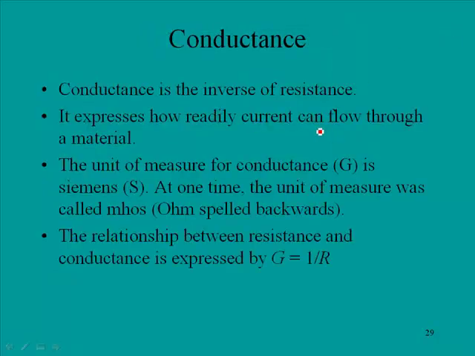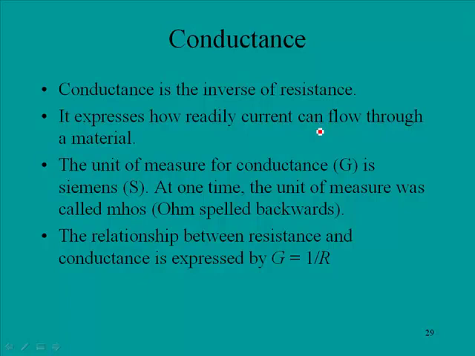Okay, next item we're going to look at is a subject called conductance. Conductance is the inverse of resistance. It expresses how readily current can flow through a material. The unit of measure for conductance is G. It's referred to as Siemens. At one time the unit was called mhos, M-H-O-S, which is ohms spelled backwards because it's the inverse of ohms.